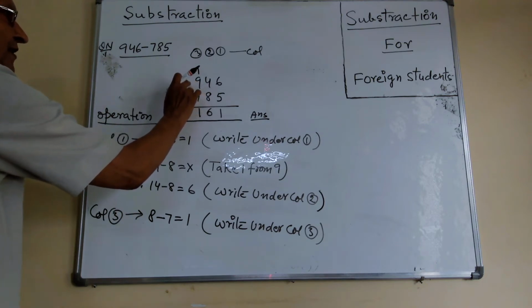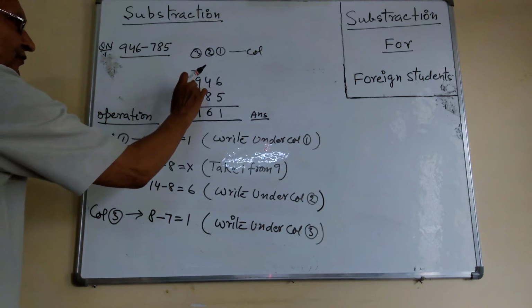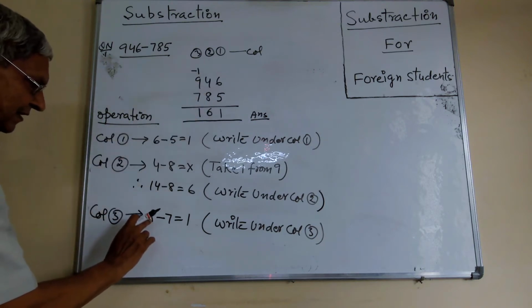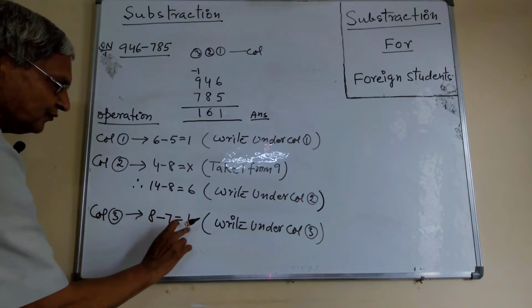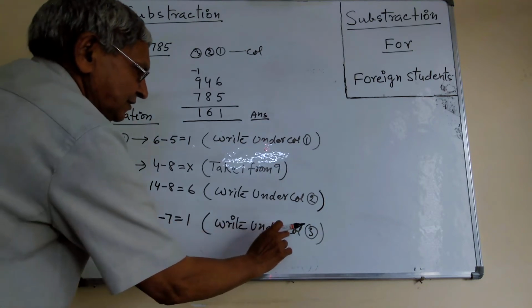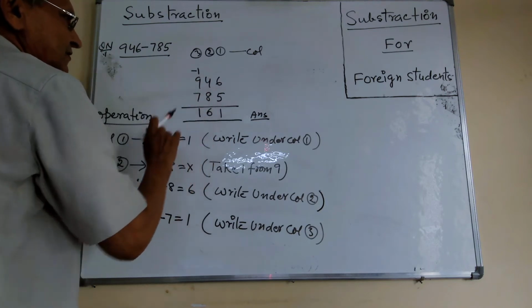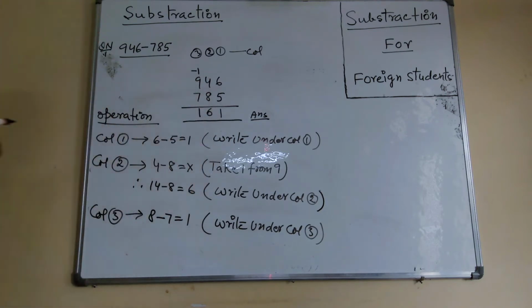Now here 8 remains. So we have to subtract 7 from 8. 8 minus 7 is equal to 1. Write down 1 under the third column. So this is the answer, 161. This is the difference of these two terms.